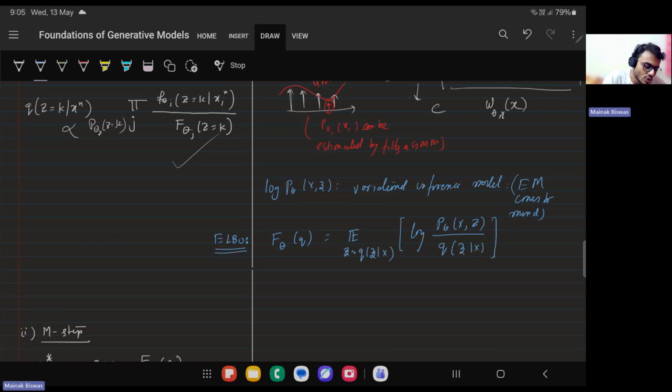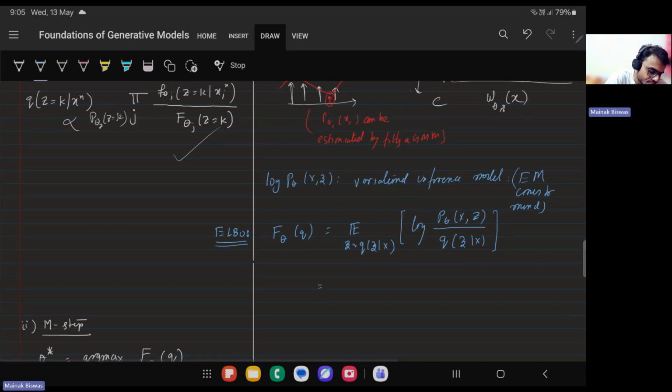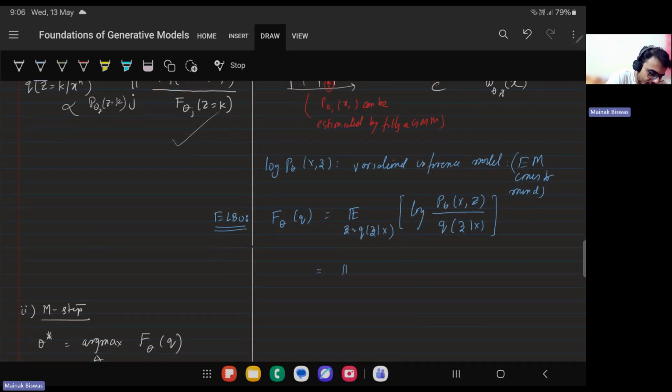So you can write this as the expected value over q of log of p theta of z given x into p of x.